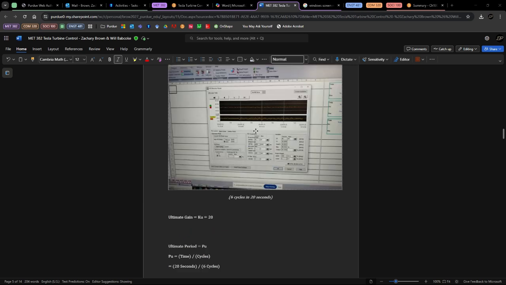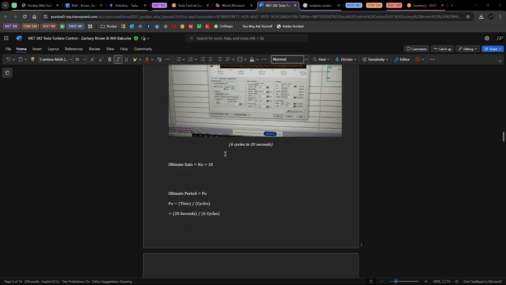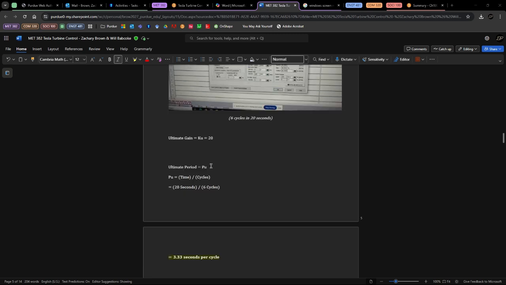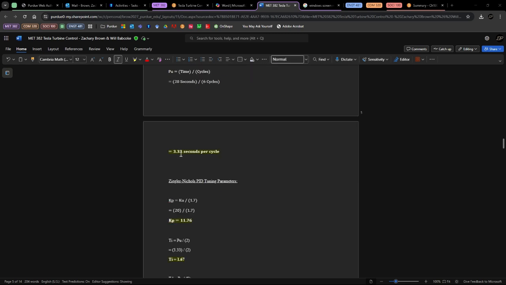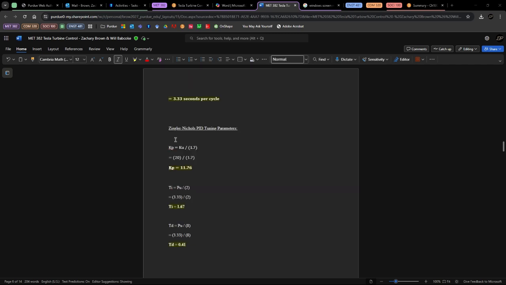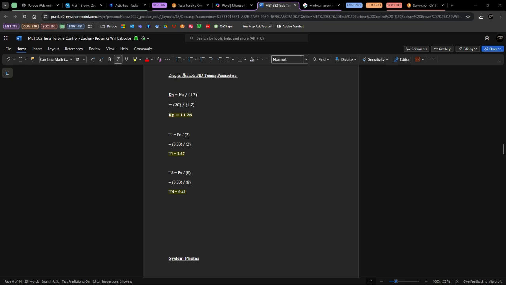So we plugged this into the ultimate period calculation. This is also the 20 that we get from the proportional gain that we used for it. So the ultimate period is the time divided by the cycles. That's 20 seconds divided by 6 cycles, and that ends up with 3.33 seconds per cycle. So we use that to plug into the Ziegler-Nichols PID tuning parameters.